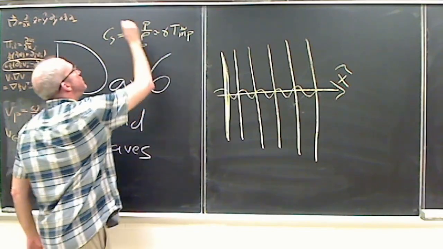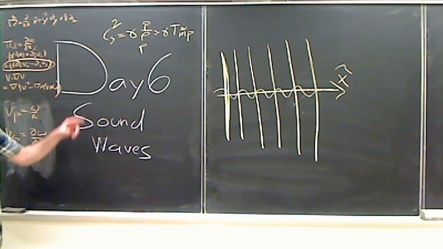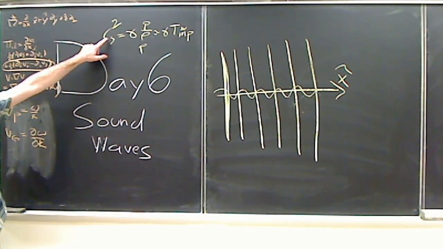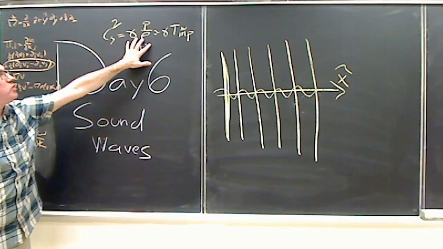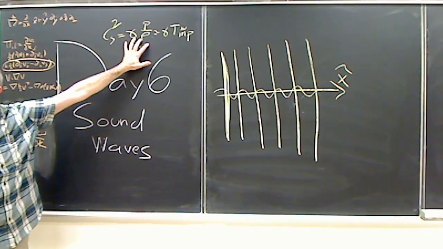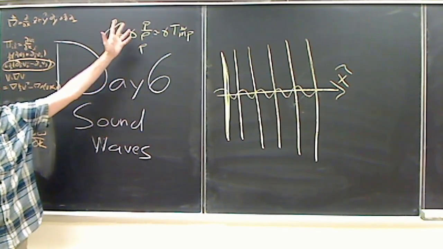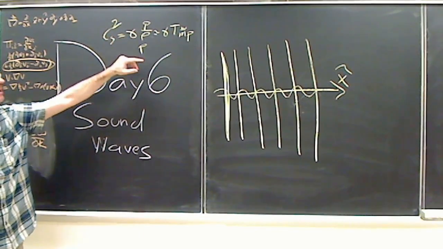So C squared, and I'll show you why this is true. This will come out of the work that we do. So this will arrive. I'm just telling you now that this is how it is.